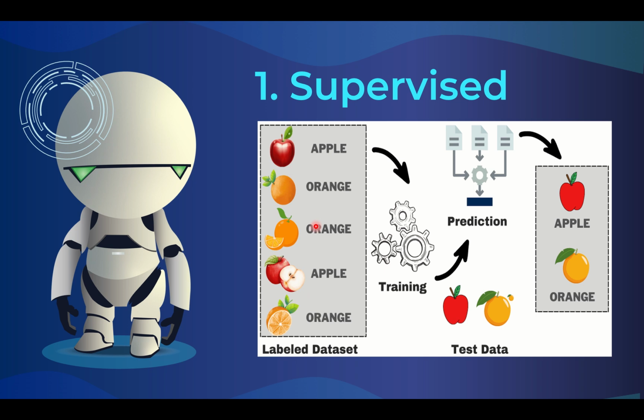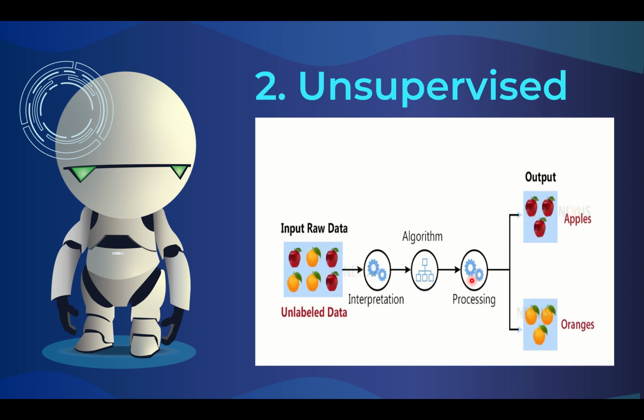We define the input with the output, and once we give this data to the model for training, our model will be trained on it. Now, for example, our model is trained successfully with a high accuracy rate. Then if we supply test data to the model, it will predict correctly whether it is an apple or an orange.